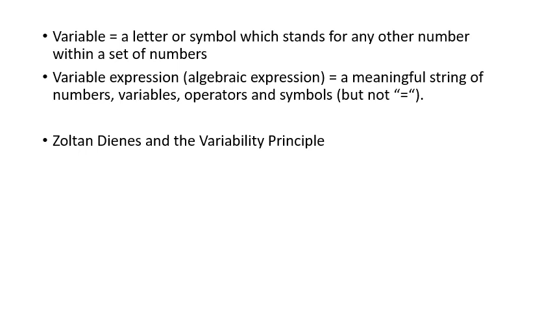I want to add one little piece to this, and this is an idea from Zoltan Dienes, who was a mathematician and a math education researcher, and he had what he called the variability principle. The variability principle says that students, when learning mathematics, should see things in as many different forms as often as possible.